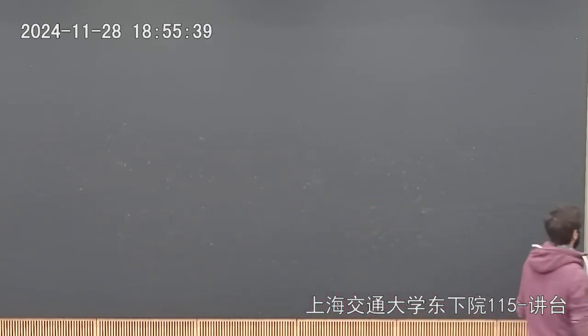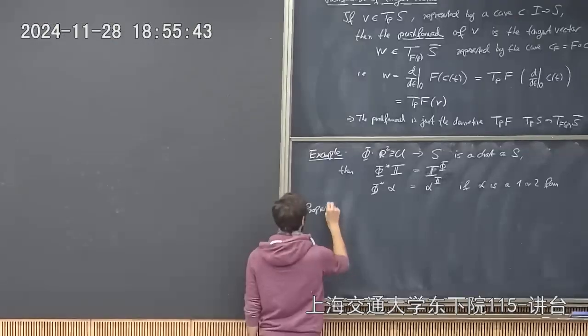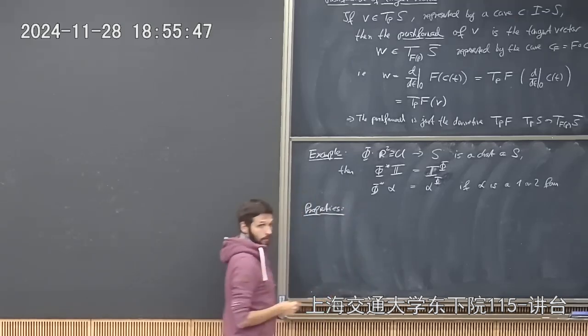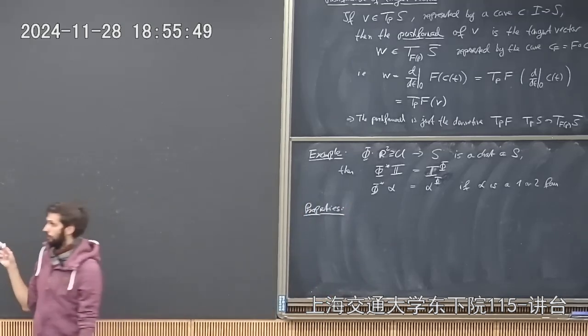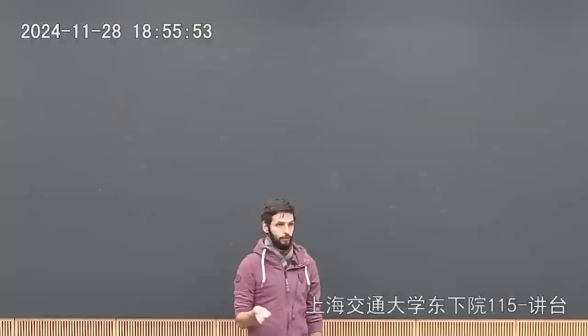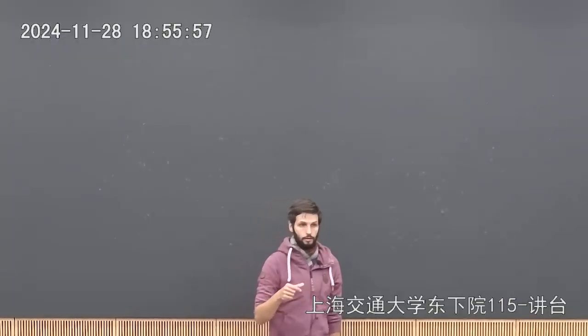Okay. And now we need two important properties. Namely that this pullback operation of 1 forms and 2 forms is nicely compatible with the wedge product and nicely compatible with taking the exterior differential.